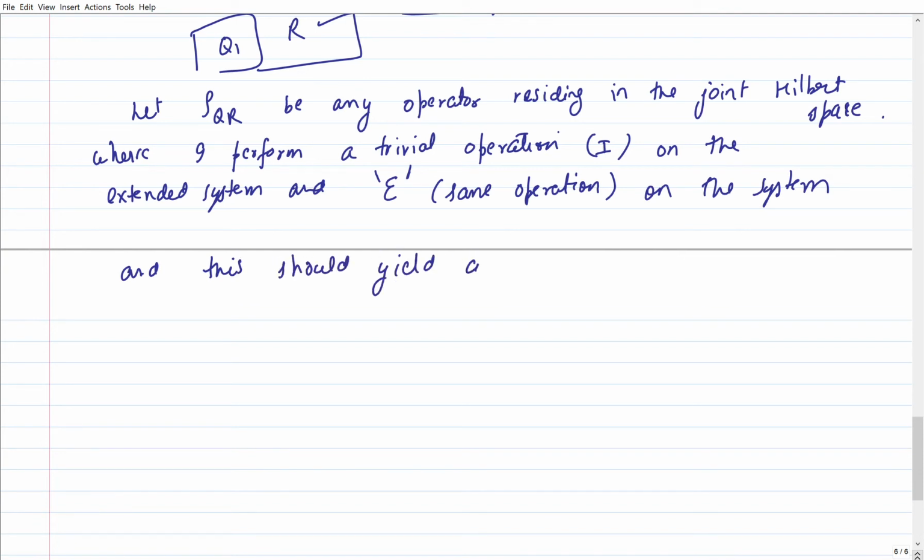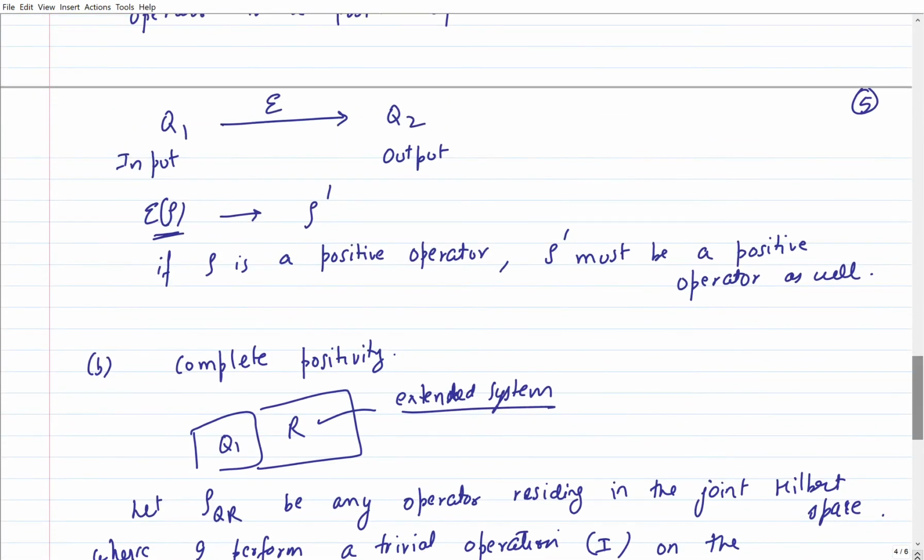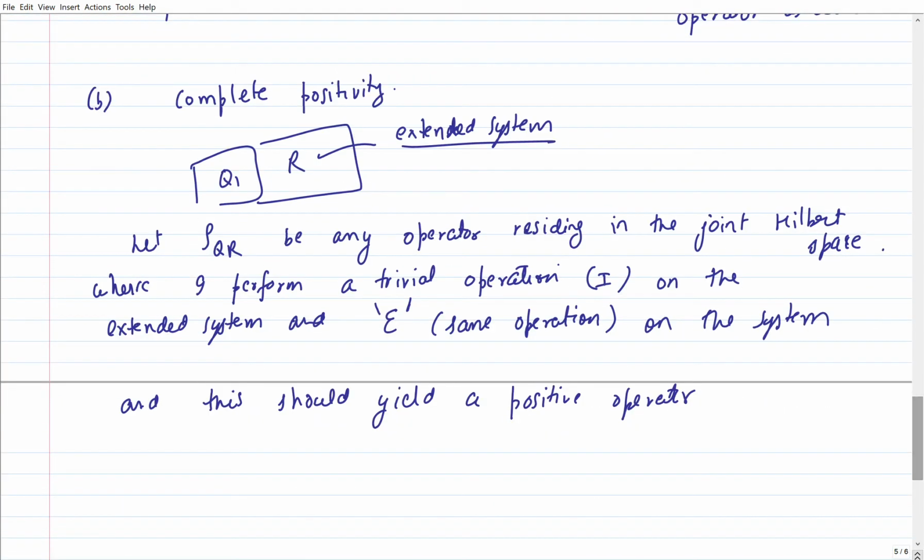So not only should a quantum operation take a positive density matrix to a positive density matrix, the same operation applied to an extended system, where I am doing nothing on the extension, and the same quantum operation on the system, should also lead to a positive operator.